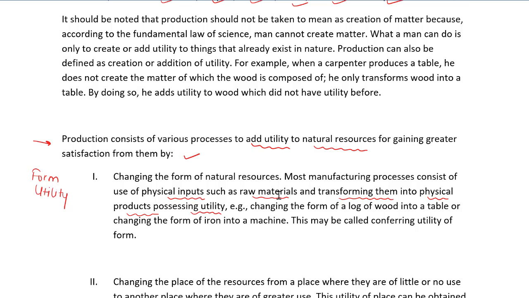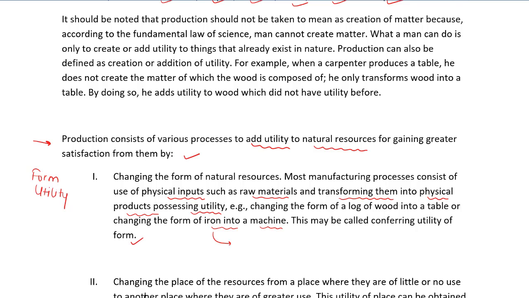Example, changing the form of a log of wood into a table or changing the form of iron into a machine. Iron in isolation doesn't have such utility, but when we transform iron into a machine, the utility of iron has increased a lot. This may be called conferring utility on a form, and this is known as form utility.